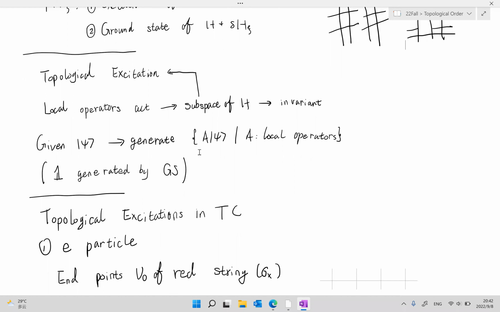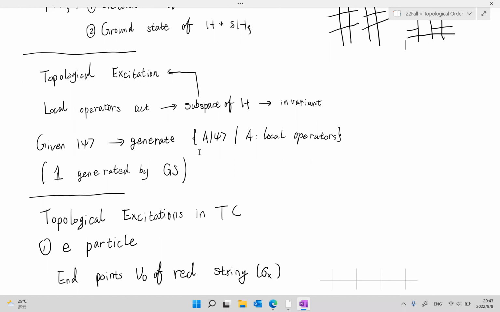How do I say? I think Zhihao wants to argue that physically, when we act local things on the topological things, the topological things should not change. So we pick up the whole subspace. We use all kinds of local operators, we act on it, and we say this should not be changed.